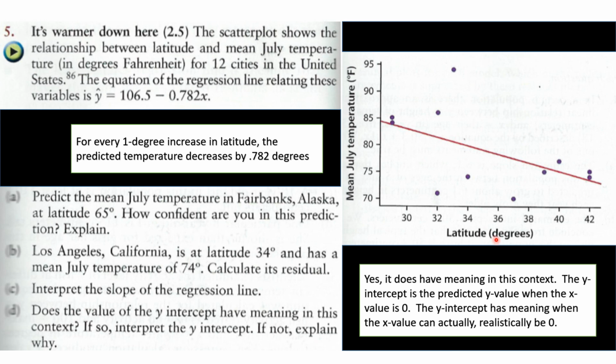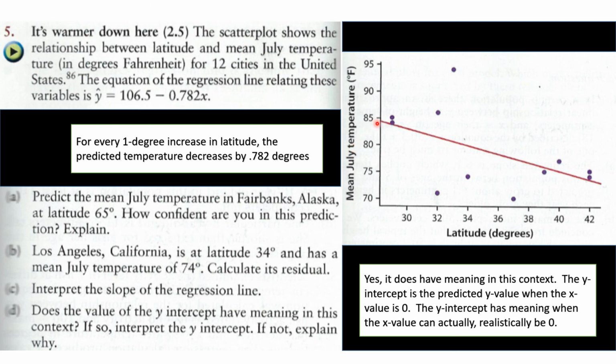The latitude is 0 degrees at the equator. So what is the predicted mean July temperature at any location on the equator? It's going to be this right here, just under 85 degrees. So that's going to be the y-intercept.